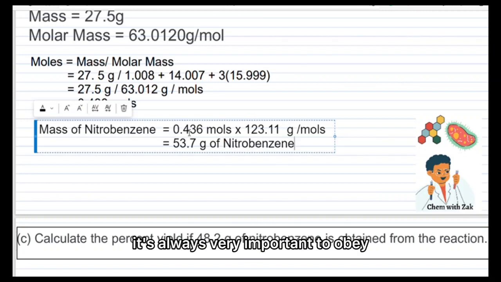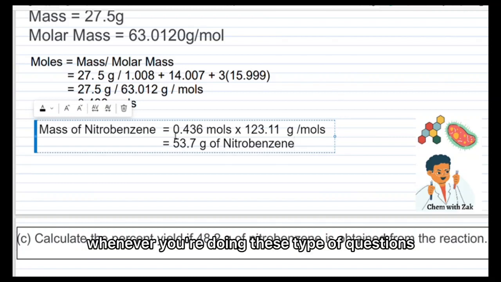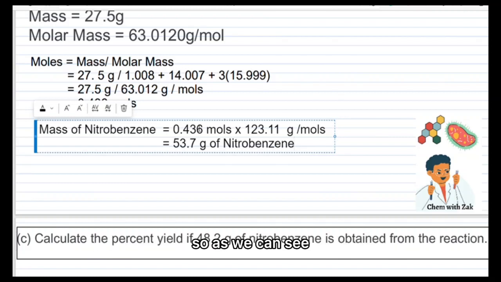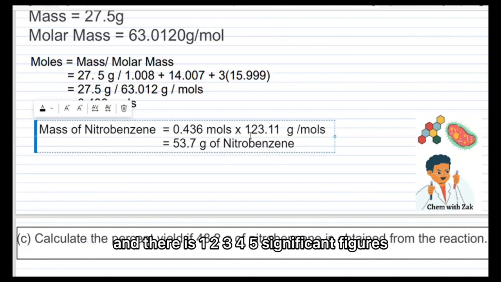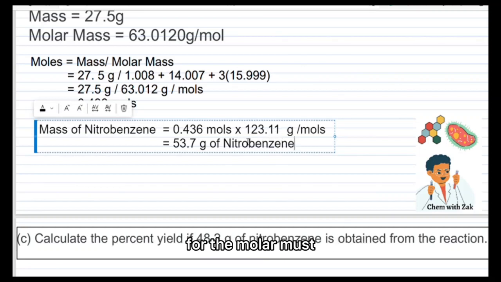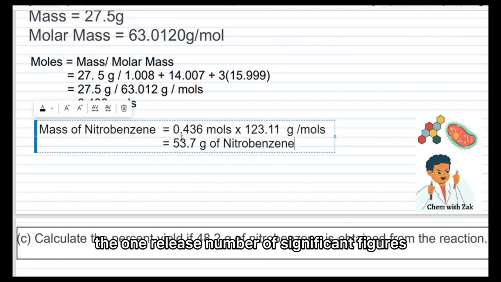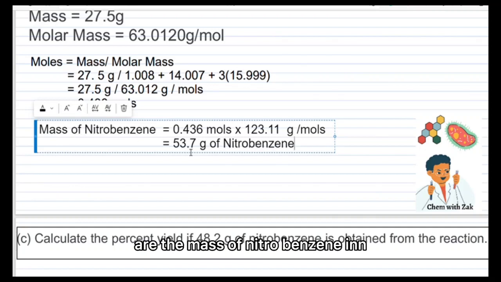As I said, it's always very important to obey the significant figure rules whenever you're doing these types of questions. There are 3 significant figures for the moles, and 1, 2, 3, 4, 5 significant figures for the molar mass. Therefore, the one with the least number of significant figures is what we give the answer in, so the mass of nitrobenzene is 53.7, which is 3 significant figures.